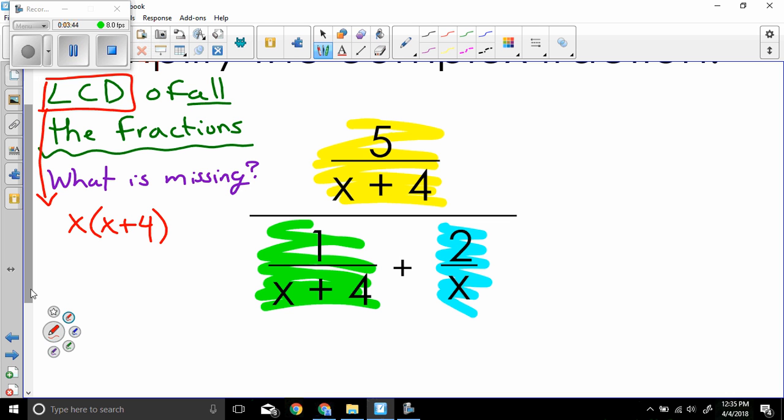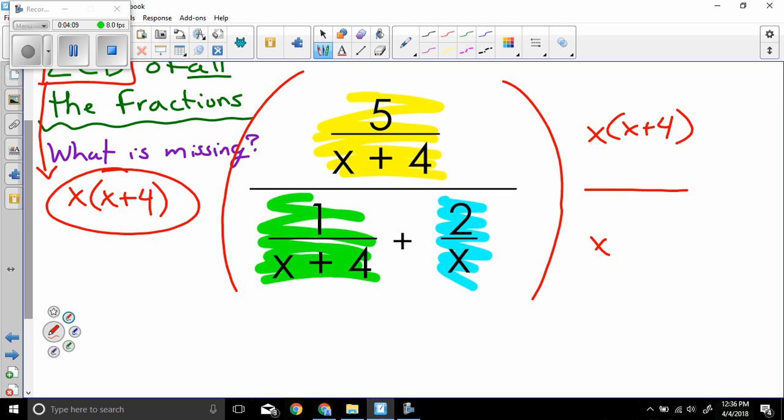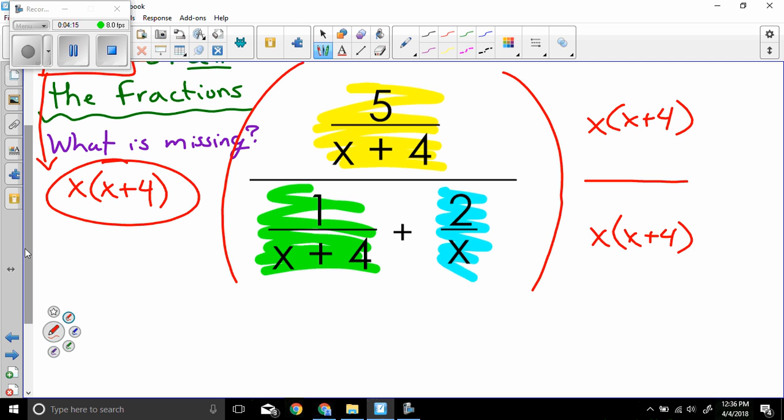I take this LCD right here, and I am going to multiply it by my entire top and entire bottom. I am taking this whole big complex fraction here, and I'm multiplying x times x plus 4 on the top, and x times x plus 4 on the bottom. So when I'm multiplying now, I'm taking this and bringing it in times this stuff. I'm taking this and times both of these.